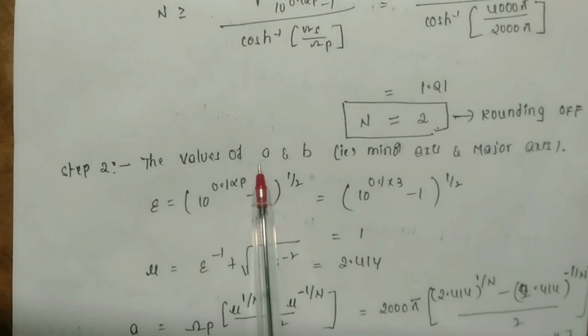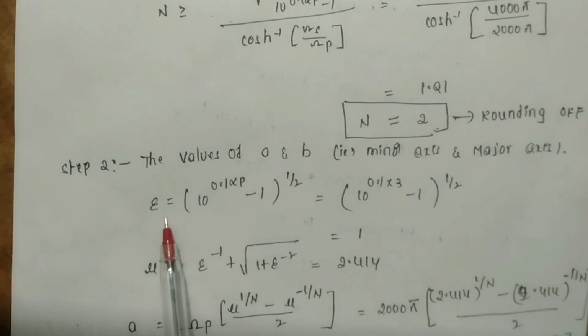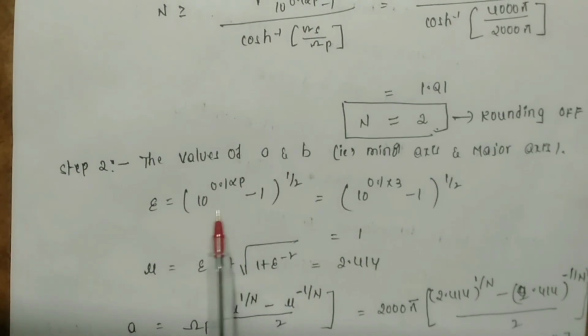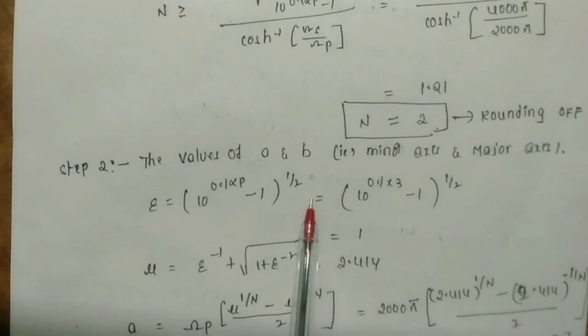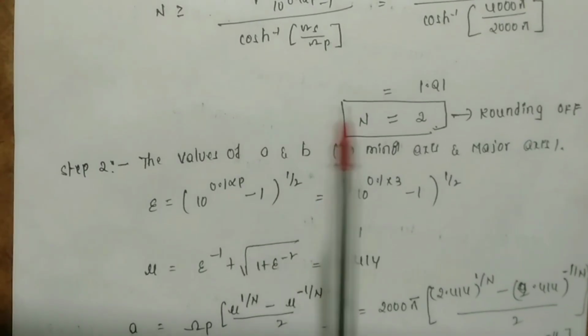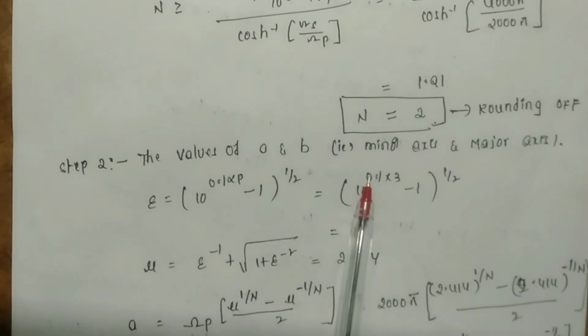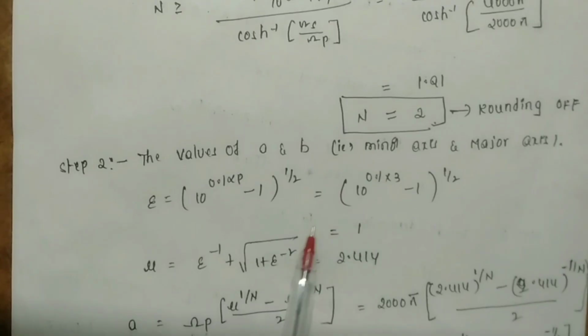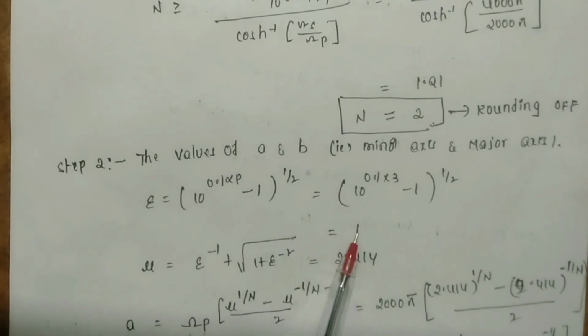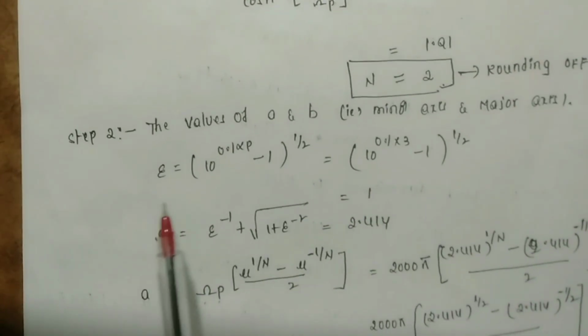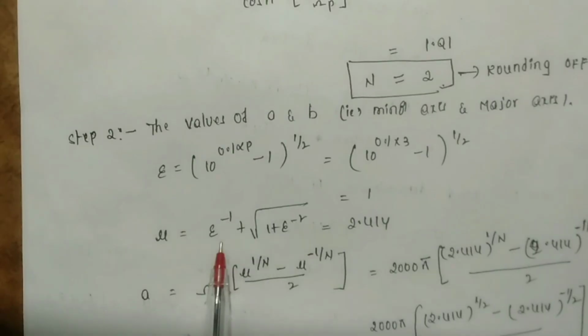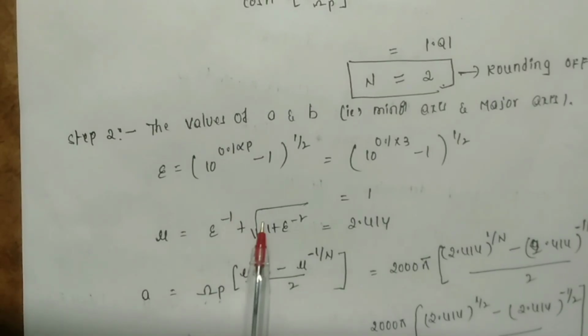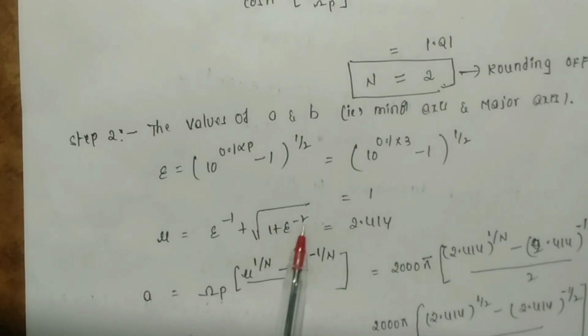For calculating the A and B values, we have to first calculate the epsilon value. Epsilon is equal to (10 power 0.1 into alpha p, minus 1) whole power 1 by 2. Simply substituting the alpha p value, you get epsilon equal to 1. Okay. Now calculate the mu value. Mu is equal to epsilon power minus 1 plus square root of (1 plus epsilon power minus 2).